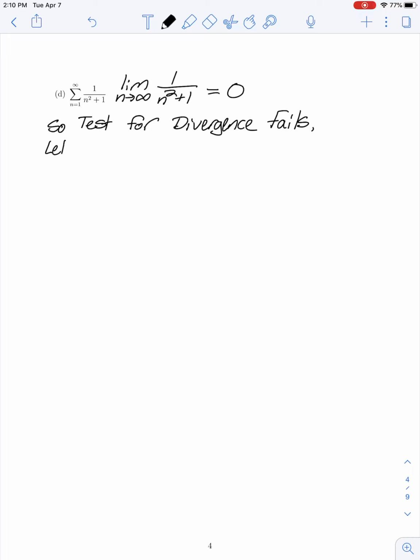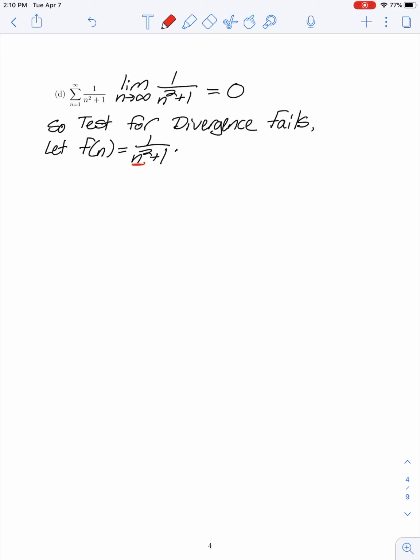And to apply this test, we need to introduce a function, f of n, given by 1 over n squared plus 1 in this case. And we need to explain that this function is positive, continuous, and decreasing. Now in this example, clearly our function is positive since we have 1 divided by n squared plus 1, and n squared is always positive. Then this ratio will be positive.